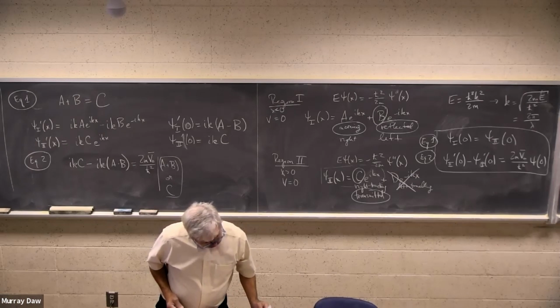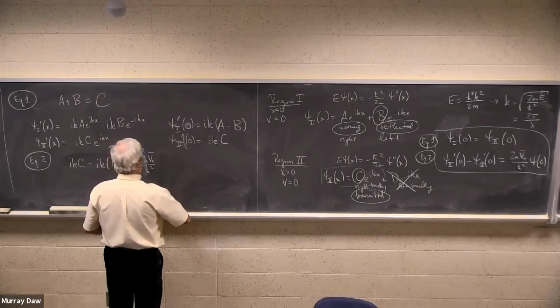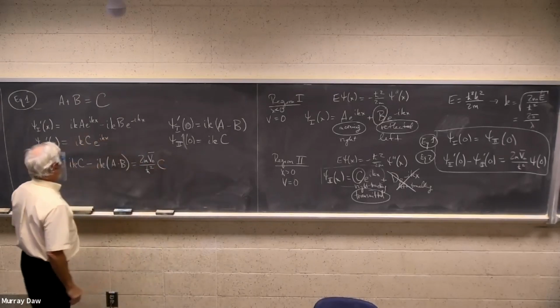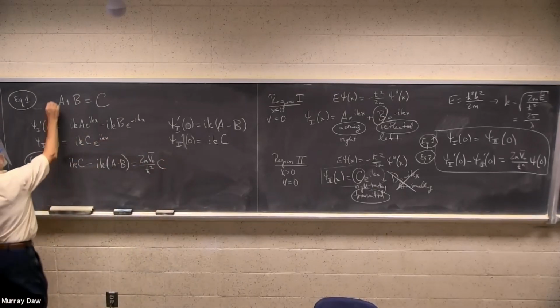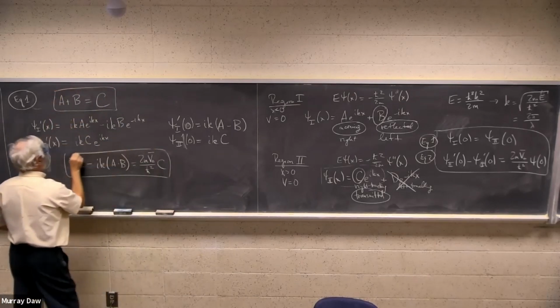Yeah, it's probably easier to use C. It's just a little simpler. It shouldn't matter if you do it correctly. Okay, so we have two equations and two unknowns.